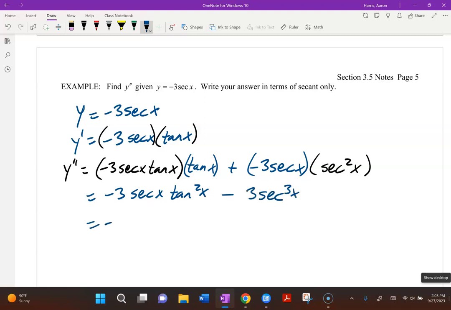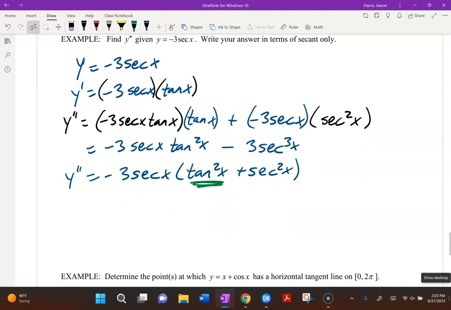I guess I could take a negative 3 secant out and have tangent squared x plus secant squared x. And then I go a little further. If I want to put this all in terms of secants, remember 1 plus tangent squared is secant squared.